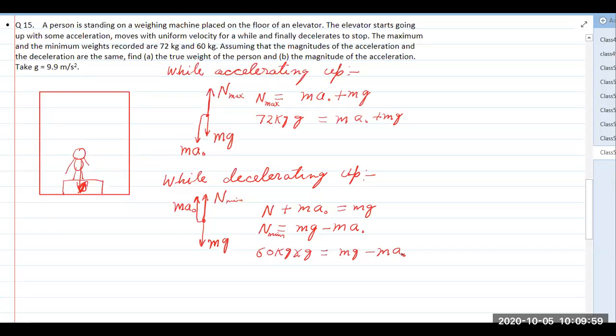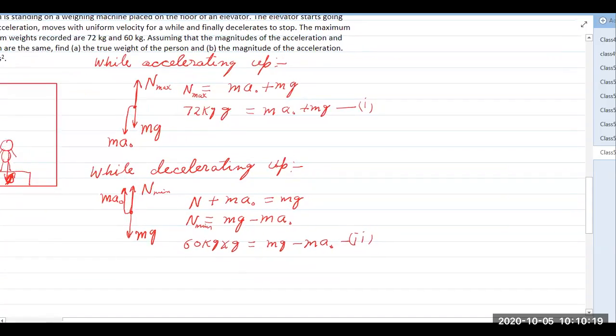First we have to find its true weight, or rather its true mass. For that, g is known, so first we can find a0, which is easier. Suppose this is equation 1 and this is equation 2.